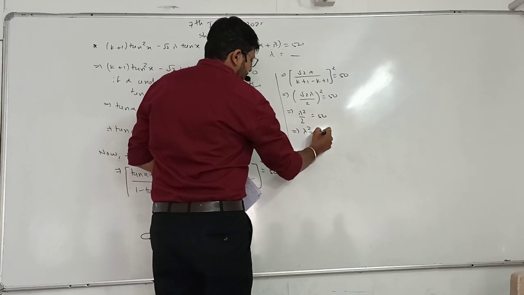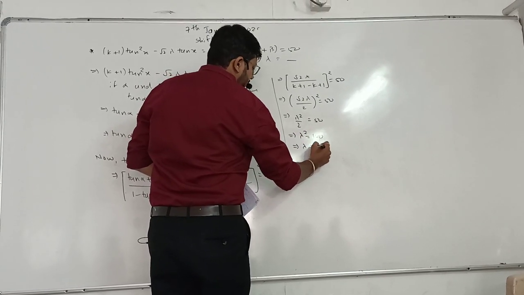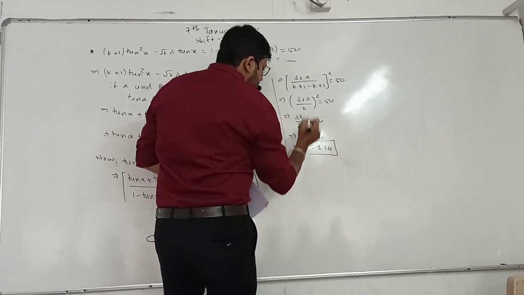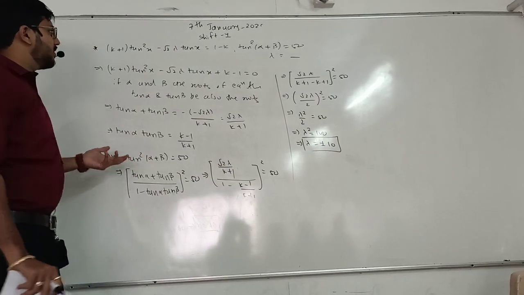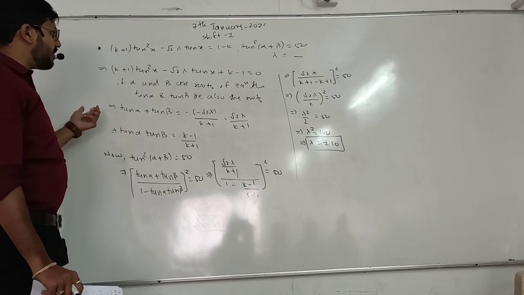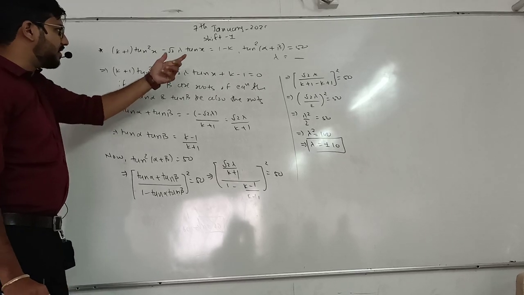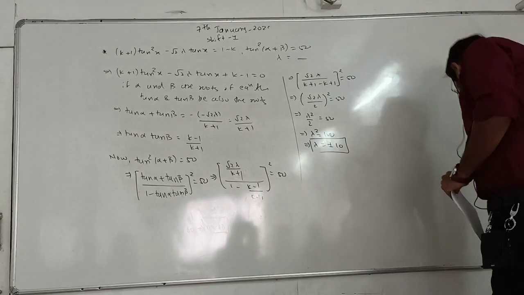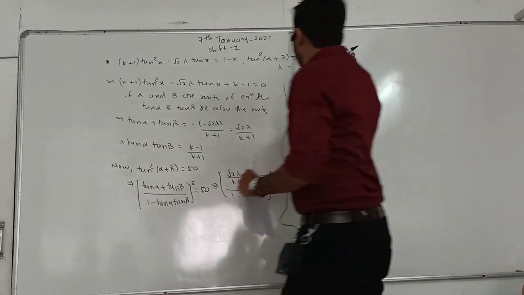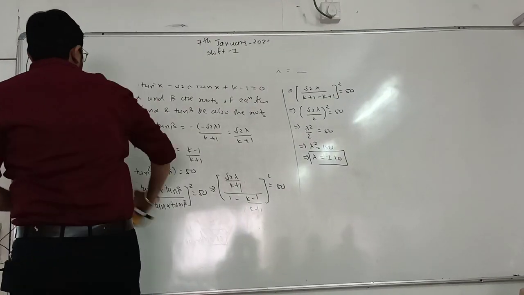So lambda square equals 100, so lambda equals plus or minus 10. Very simple question. Just a basic thing of quadratic equation and trigonometric functions we need to use. Very simple question based on trigonometry and quadratic equations.